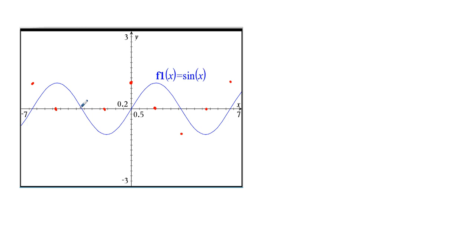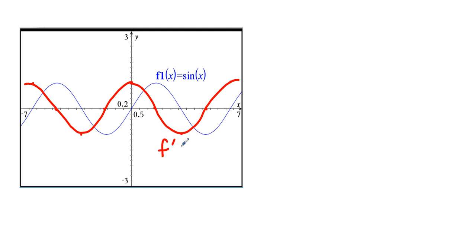So it looks like the derivative function does this. It looks like the derivative of the sine function looks like this. But haven't we seen this function before?